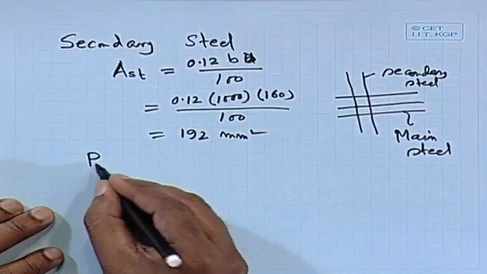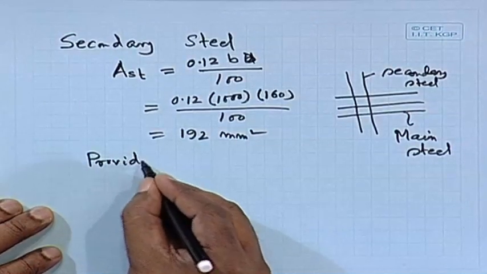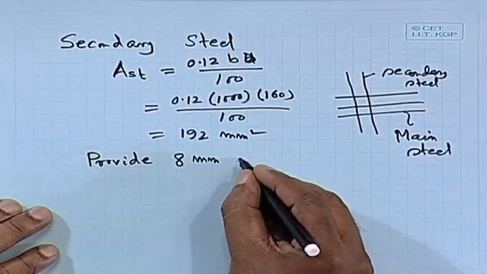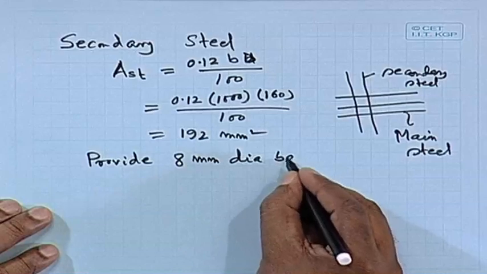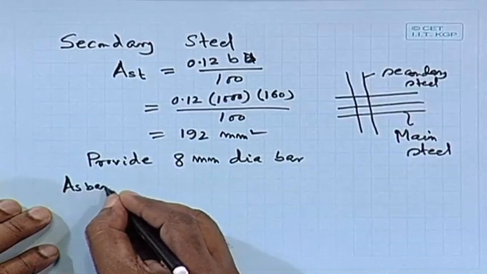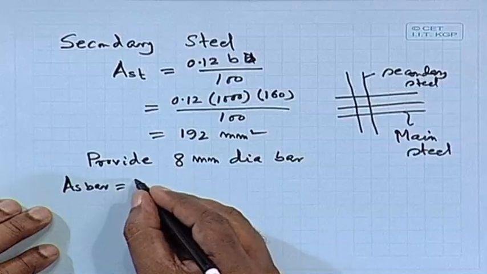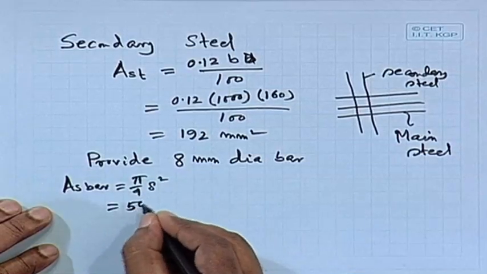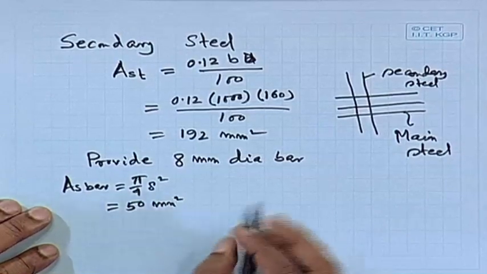Yeah. So, if we provide 8 millimeter dia bar, the area of bar comes as 50 square millimeter.